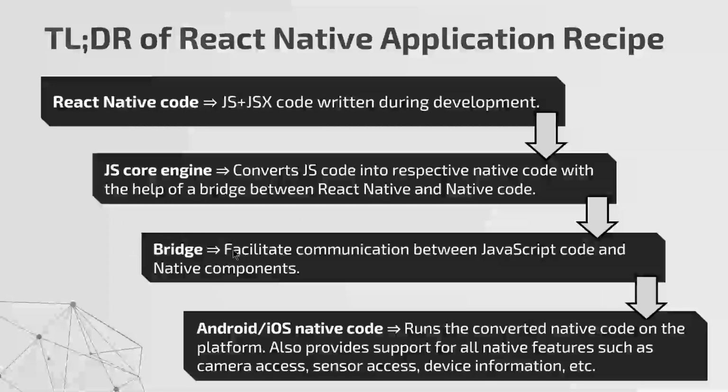The bridge facilitates communication between these two components, JavaScript code and the native components. Finally, whatever native code has been converted gets sent to the Android and iOS platforms, and it will be run on the respective platforms. Also, it provides support for all the native features such as camera access, sensors, lenses, device information, etc.